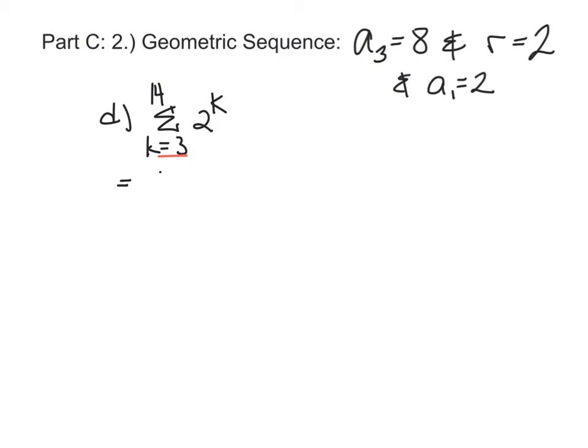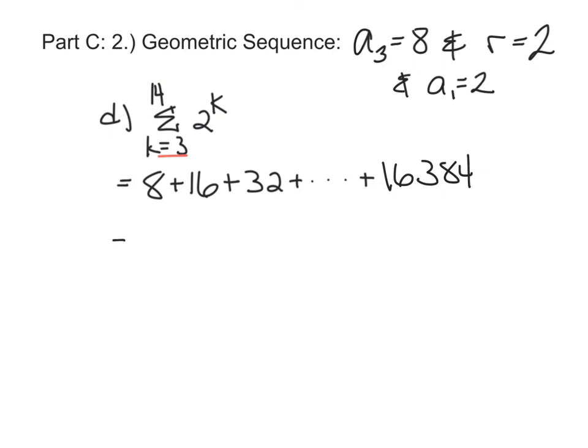So 2 to the third power is 8. Then we'll plug in 4. 2 to the fourth power is 16. And we're multiplying by 2 every time, so the next one's going to be 32. And we go up to our biggest one. In this case, our biggest power is going to be 14. And 2 to the 14th is 16,384.